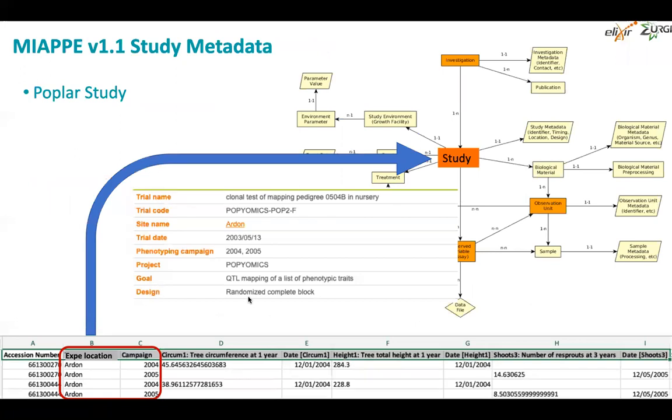So to get back to our initial data file that we can see here, you can see that the metadata of the poplar study, which are handled in those set of columns, are linked directly to the study level and listed here in this table.